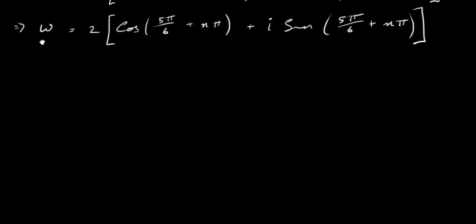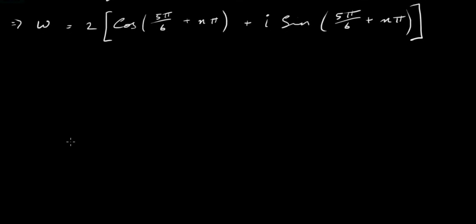What we've got to do now is work out both our answers. In order to do that, we've got to look at our n. So we're going to start where n is equal to 0.